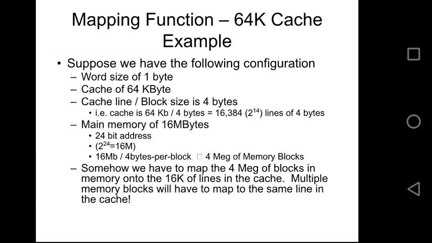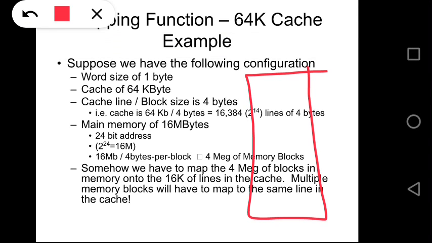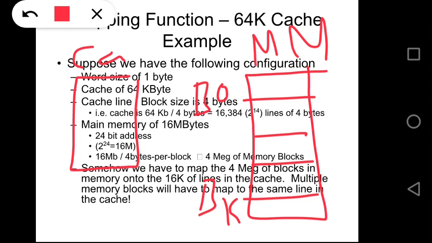So mapping is required. First of all, what is meant by mapping? The capacity of main memory is large and it is divided into some blocks, B0 to BK, and this is my cache memory.